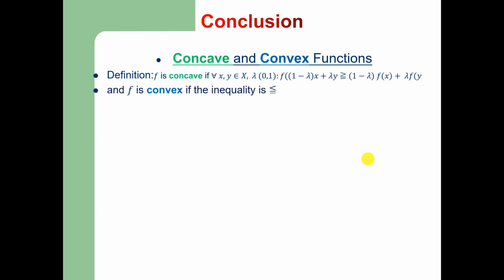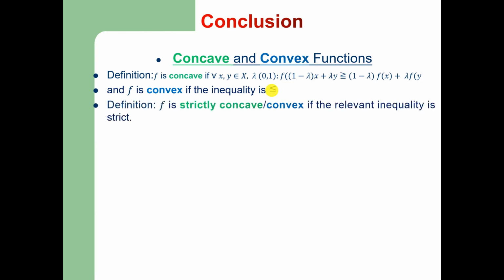And the function f is convex if the inequality is less than or equal to. So if we replace this inequality with this inequality, then the function f is convex. Then a function f is strictly concave or strictly convex if the relevant inequality is strict, that is, it's only greater than, not equal, or here less than, not equal to, then that will be strictly concave or strictly convex.